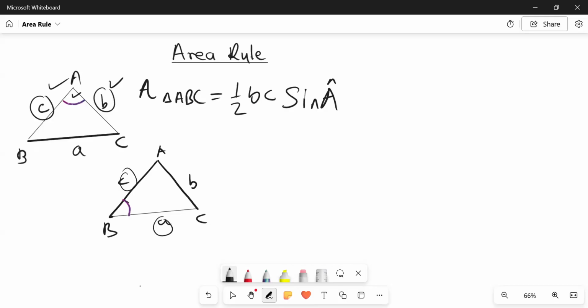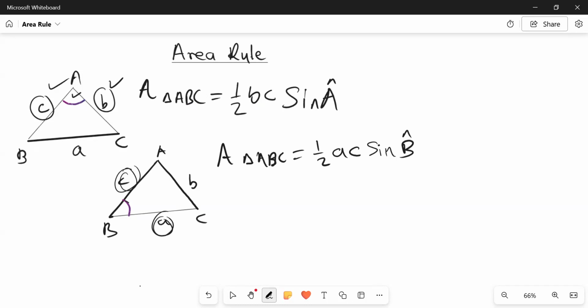So now, obviously, I believe that everyone understands how to write the area of this triangle ABC. So you'll have your 1 over 2, and then side 1 and side 2. But let's use the alphabetical order. So that's ac sine, what is our included angle? That's B. Sine B. So we include B.